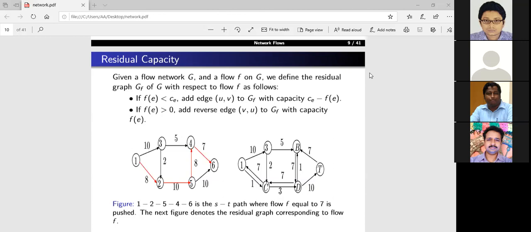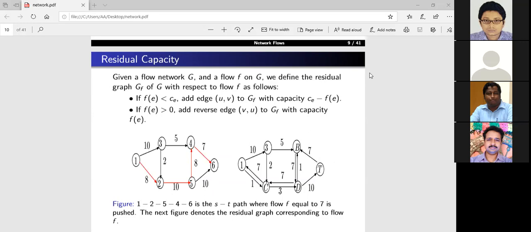The advantage of having a residual graph is that I don't have to care about whether this is a forward edge or backward edge. All I need to do is find a path from 1 to T. So from the source to sink, if I find any path, that would be an augmenting path.